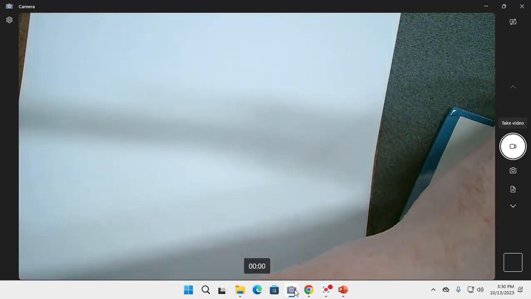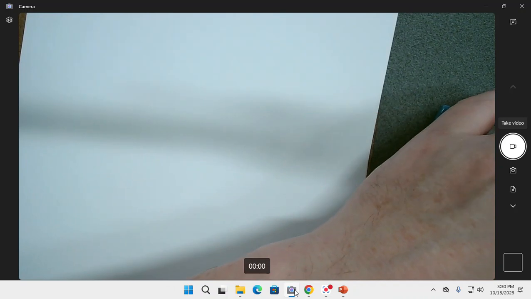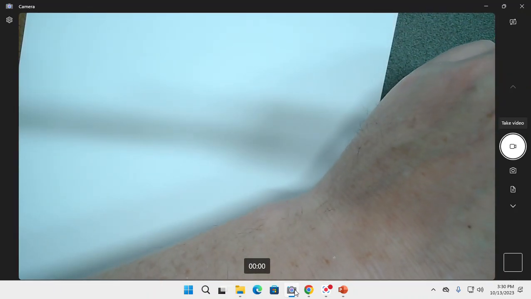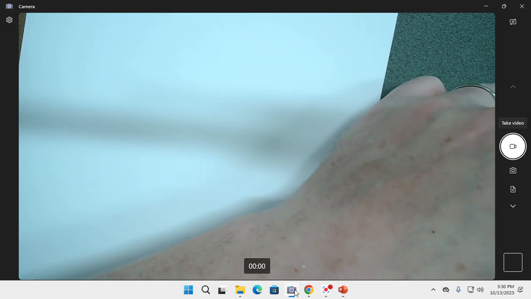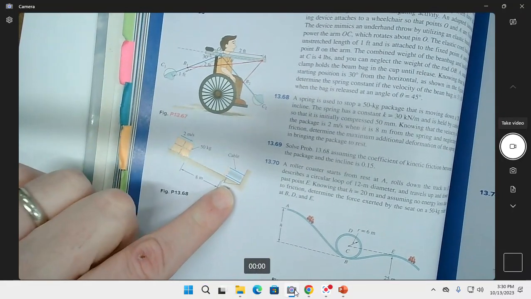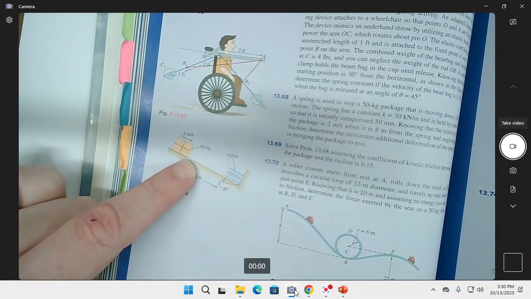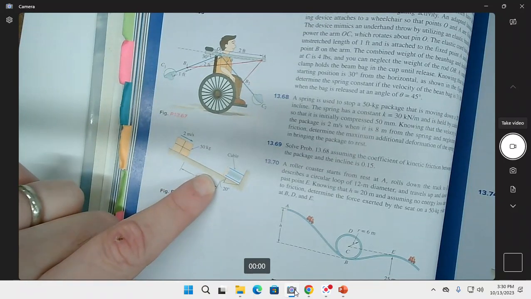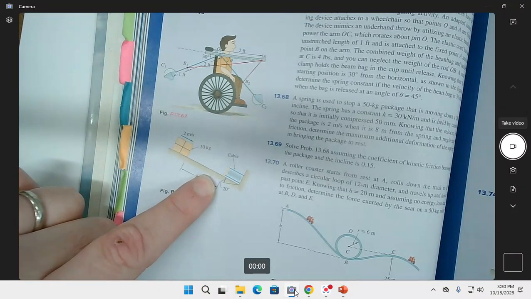Trying to find one where we could actually get the answer. See, now this one right here, how high this thing goes back up. That's a tough one right there. That's the one that's similar to what we were just talking about.